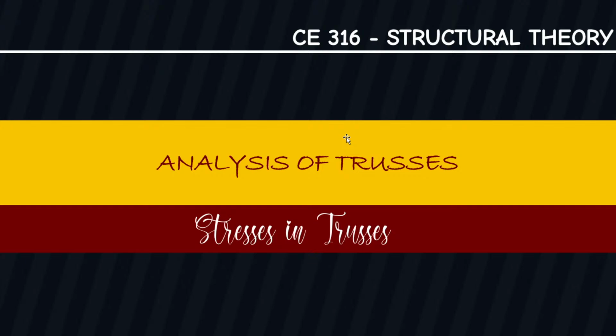So, before we start with this one, let me just inform you some facts about truss. Okay, firstly, a truss is a structure composed of individual members, as I said before, joined together to form a series of triangles.